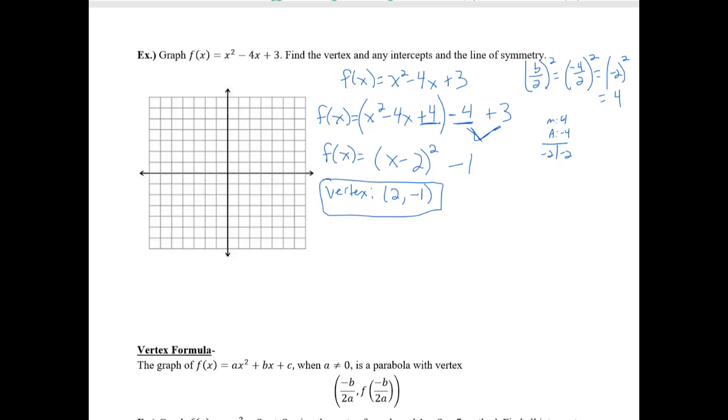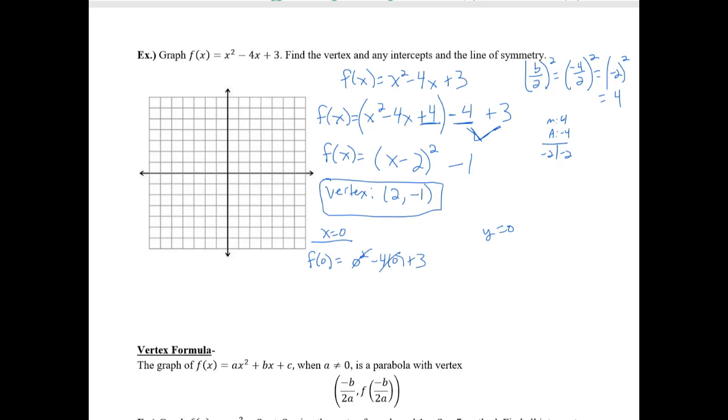So intercepts fall on the x and y axis, so we can let x equal 0 to find the y-intercepts, and let y equal 0 to find the x-intercepts. When we plug in 0 for x, we get f of 0 equals 0 squared minus 4 times 0 plus 3. Those are 0.